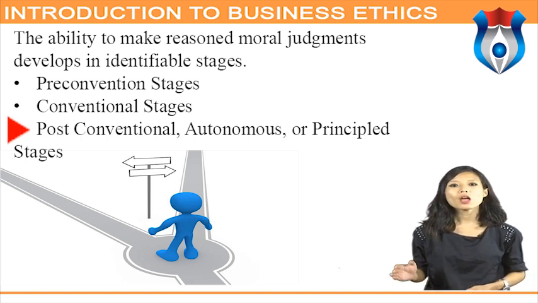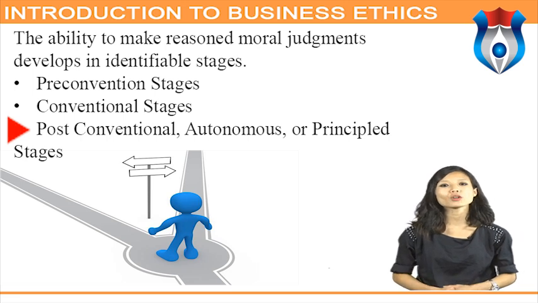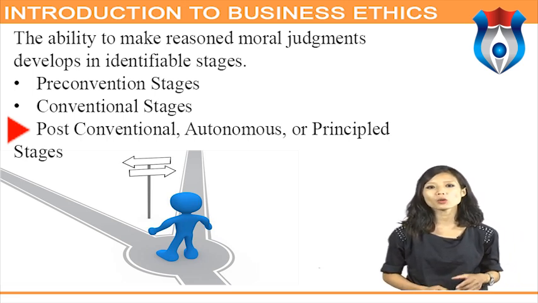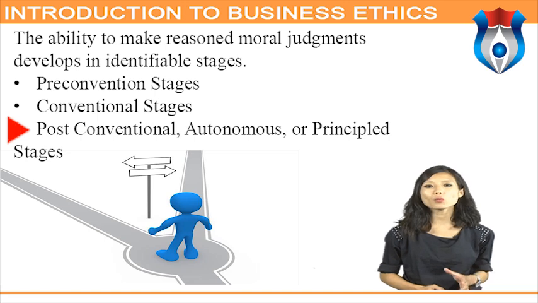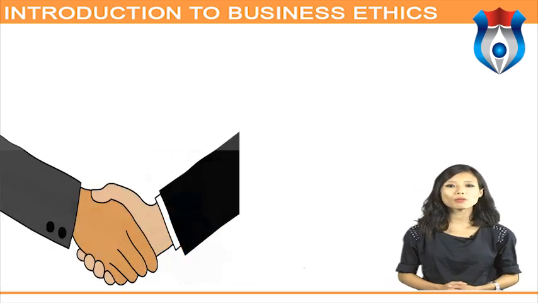At these stages, the person no longer simply accepts the values and norms of the groups to which he or she belongs. Instead, the person now tries to see the situation from a point of view that impartially takes everyone's interests into account. Social contract orientation.